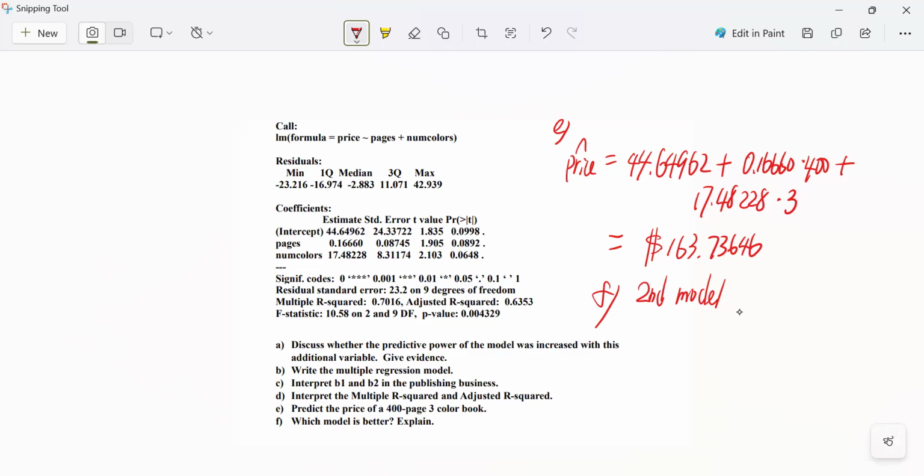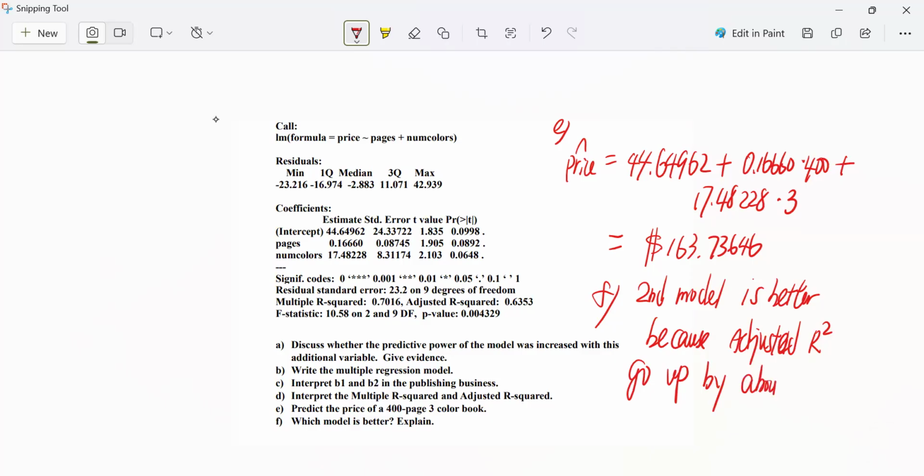The R squared increased about by 12%. That's a significant improvement with the additional predictor variable, number of colors used. So any question about this?